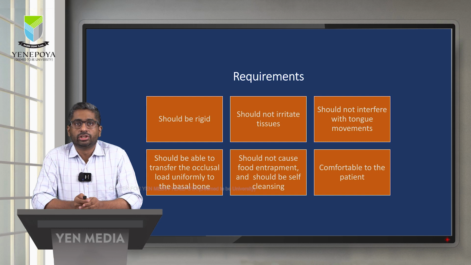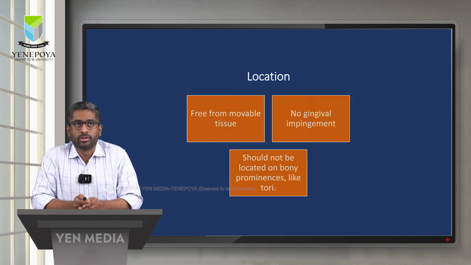We discussed that they should be rigid, they should not irritate tissues, should not interfere with tongue movements or soft tissues, they should be able to transfer the occlusal load uniformly to the basal bone, should not cause food entrapments, should be self-cleansing, and should, most importantly, be comfortable to the patient. What about the location? They should be free from all movable tissues, no gingival impingement, and they should not be located on bony prominences like tori.